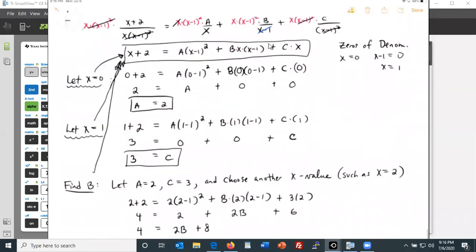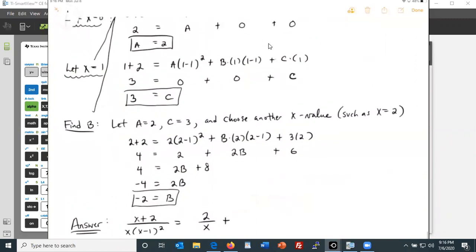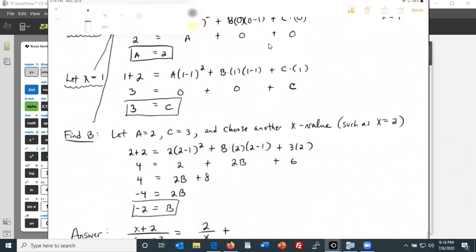So A over X, A is 2, so we get 2 over X plus B. B is negative 2, so actually that should change to a minus. So we get minus 2 over X minus 1, and then plus C, which is 3 over X minus 1 squared.